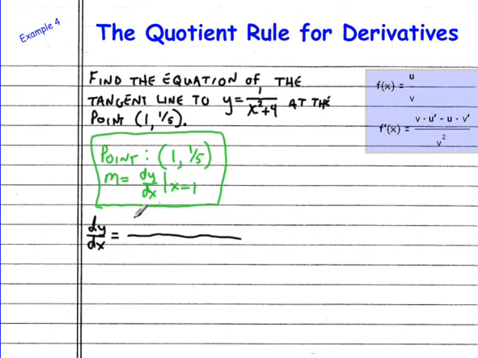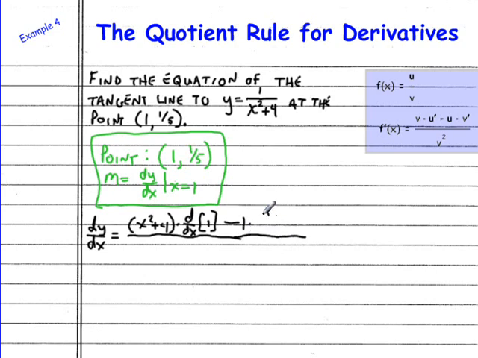Well, the denominator is x squared plus 4, so denominator times derivative of numerator. And so let me just write that in this fashion. Derivative of, and the numerator, of course, is 1. And then we subtract, let's see, we subtract the numerator, which is 1, times the derivative of the denominator.